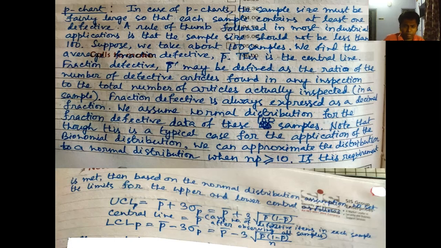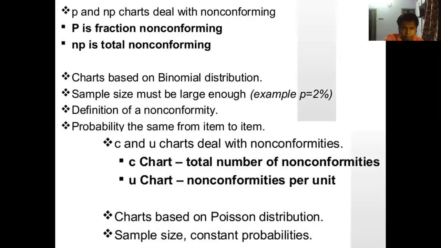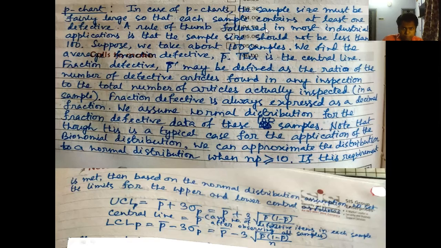in the majority of the cases, there are two causes of variation. One is natural variation, and another is variation due to assignable causes.